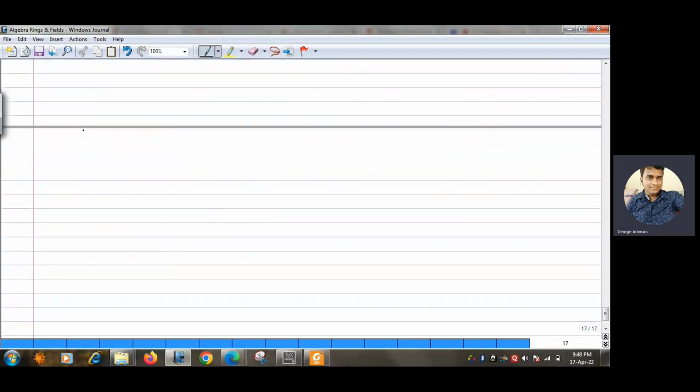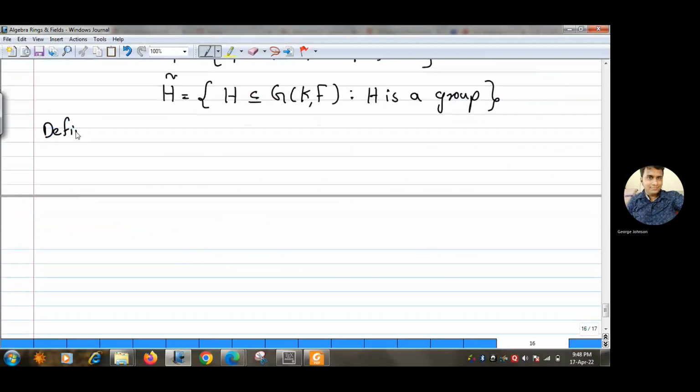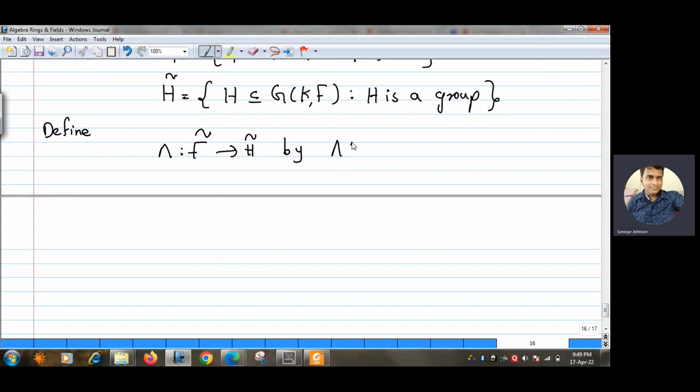Now let us define a new map, lambda, from F tilde to H tilde by lambda of T, where T belongs to F tilde, lambda of T is G(K/T). Then you can observe that G(K/T) belongs to H tilde. Why? Because G(K/T) is a subgroup of G(K/F).